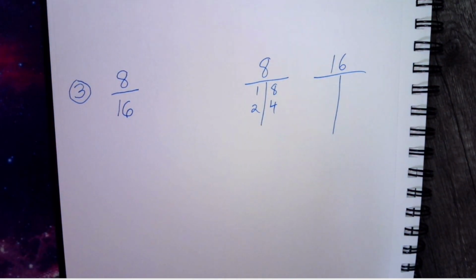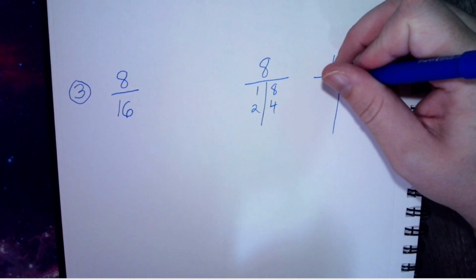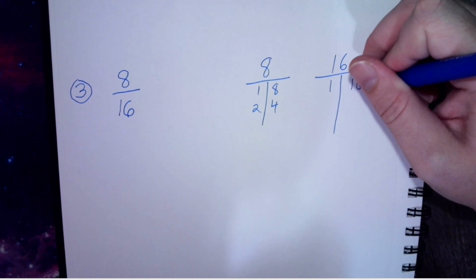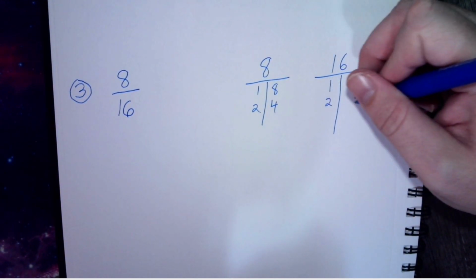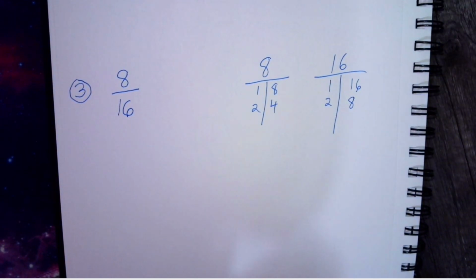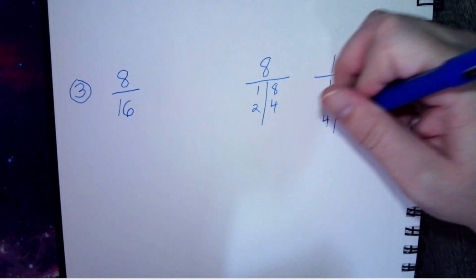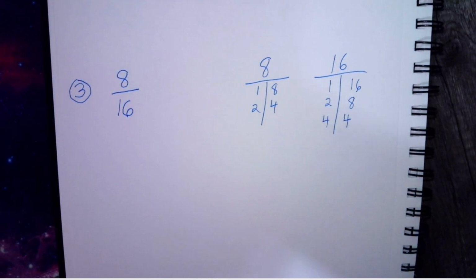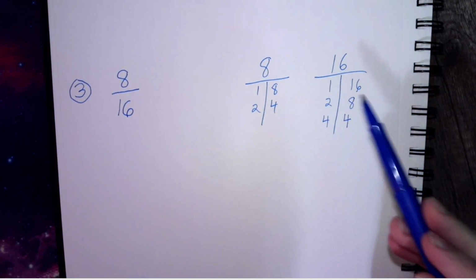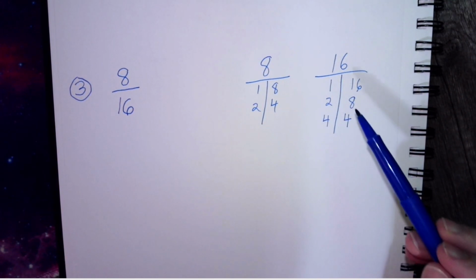So 1, 2, 4, and 8 are our factors. For 16, we have 1 times 16. We have 2 times 8. And we have 4 times 4. All of those, so 1, 2, 4, 8, and 16.